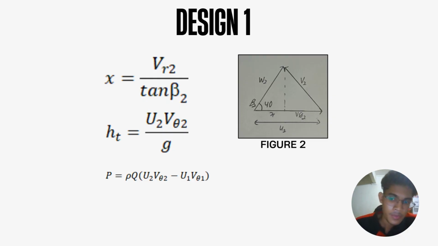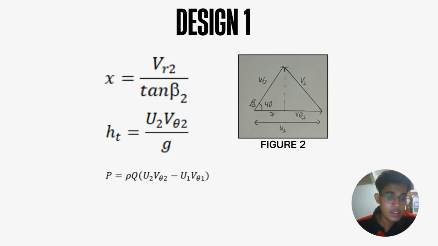theoretical head. And for the power of the shaft, we use the equation P equal to rho Q multiplied by U2 V theta 2 minus U1 V theta 1. And as I said before, V theta 1 is 0 because the absolute fluid angle is equal to 90, so we just ignore V theta 1.